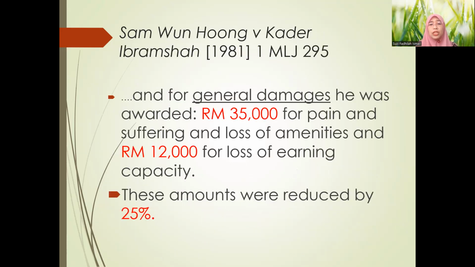For general damages, pain and suffering, he was awarded 35,000 in 1981, a big amount. Then loss of amenities, which later we learn the meaning of, 12,000, and 12,000 for loss of earning capacity. We total all this amount and deduct 25%, because he was also responsible for the injury by 25%.